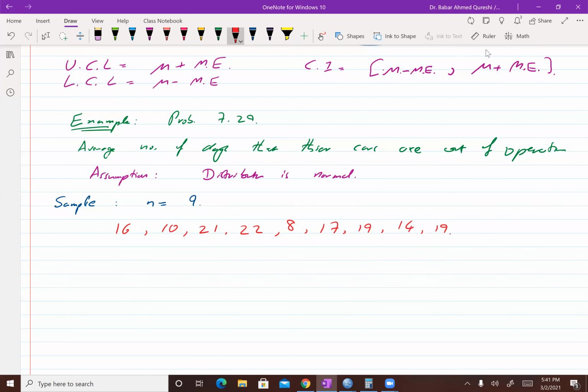So from this data, they can first of all find the sample mean, and they can find the sample standard deviation.